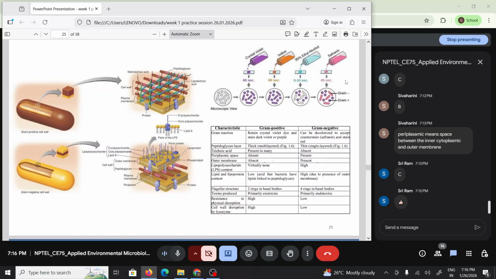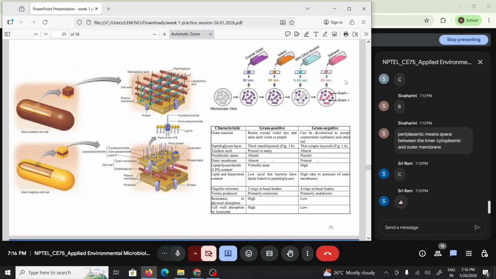First of all you take a sample, add crystal violet, and allow it to stay for a minute. Then you use iodine, which is a mordant. It makes the crystal violet attach better to the outer layer of the cell, and then you wash it with ethanol, and finally add safranin, which is the counter stain. Your gram positive bacteria will look violet in color.